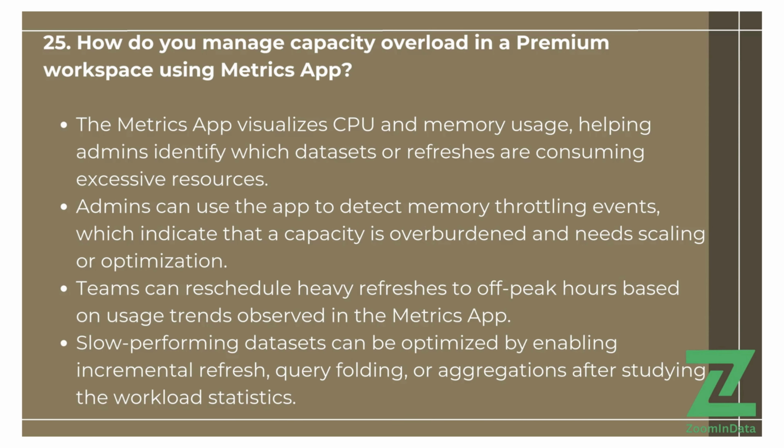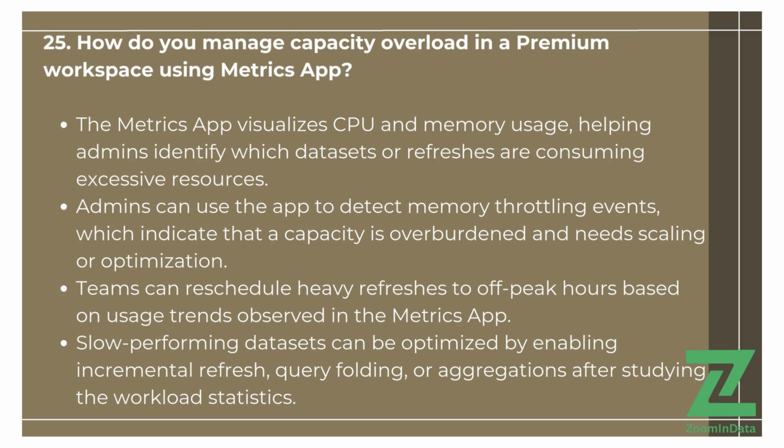25th question. How do you manage capacity overload in a Premium workspace using the Metrics app? The Metrics app visualizes CPU and memory usage, helping admins identify which datasets or refreshes are consuming excessive resources. Admins can use the app to detect memory throttling events, which indicate that a capacity is overburdened and needs scaling or optimization.